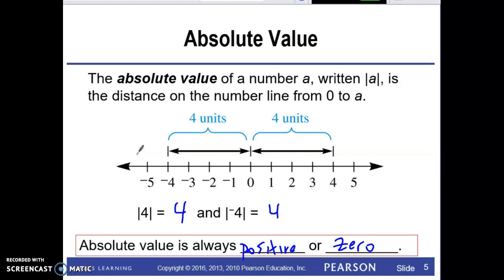Again, this comes back to a misunderstanding of the definition of absolute value. If we understand that absolute value is measuring a distance, then it makes sense why absolute value would always give us a positive answer and why a negative answer doesn't make sense. You can't have a negative 3 feet. That negative would tell you a direction. The 3 feet would be the distance.